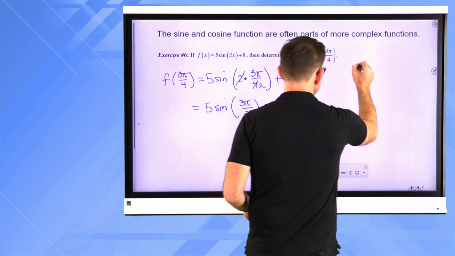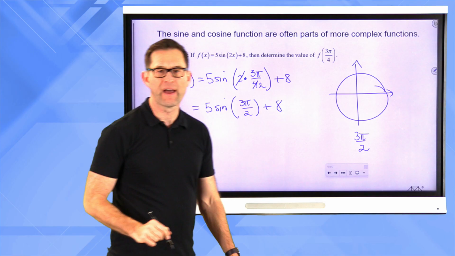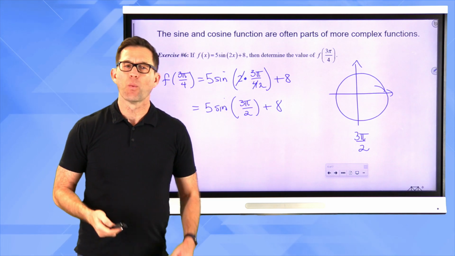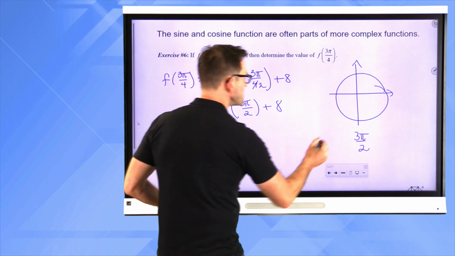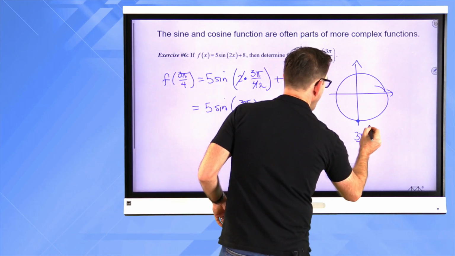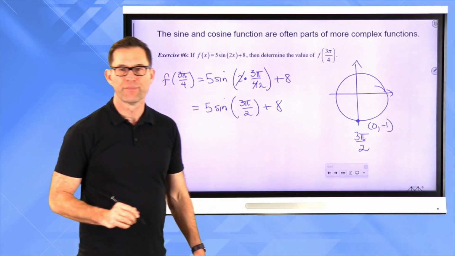Well, where is that on my unit circle? On my unit circle, 3 pi over 2 is one of what are called the quadrantal angles. It's one of the angles that's either at the top, the bottom, the left, or the right of the circle. It's specifically down here where we have a coordinate of (0, -1).